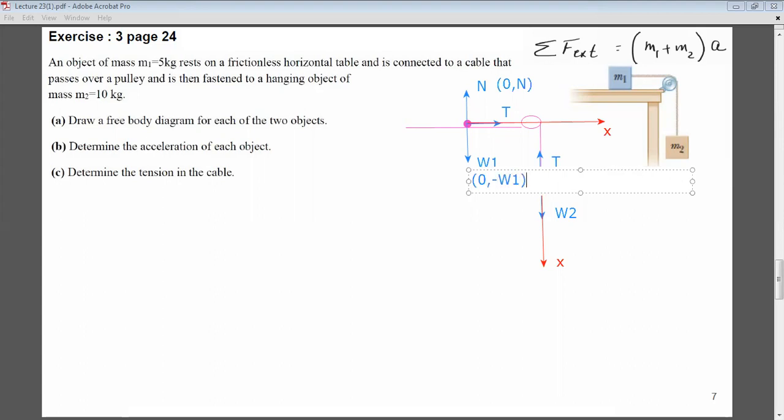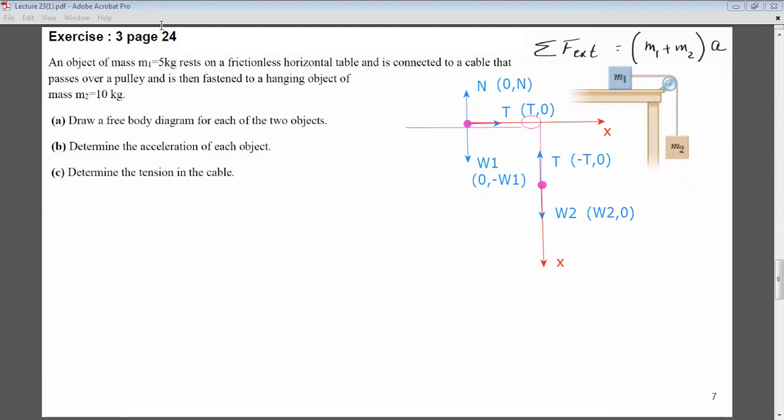Here we are assuming the y-axis is upward. Tension here is (T, 0) on the x-axis. Tension here is (minus T, 0) because it's in the opposite direction of the x-axis. And W2 is (W2, 0).